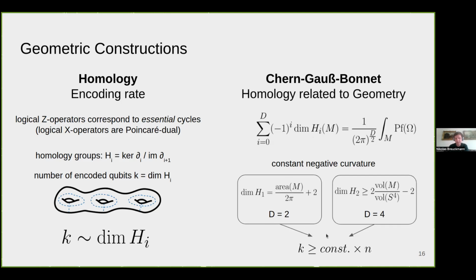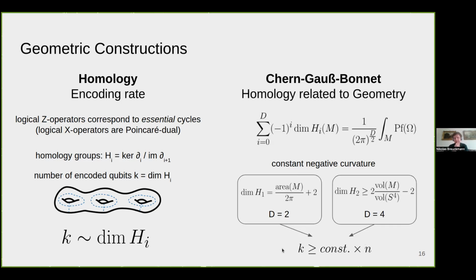So in both cases, we obtain a lower bound of k by n which is linear. This suggests that if we take hyperbolic manifolds, we can obtain so-called finite rate codes, where essentially, if we invest some number of physical qubits, we obtain a proportional amount of encoded qubits.